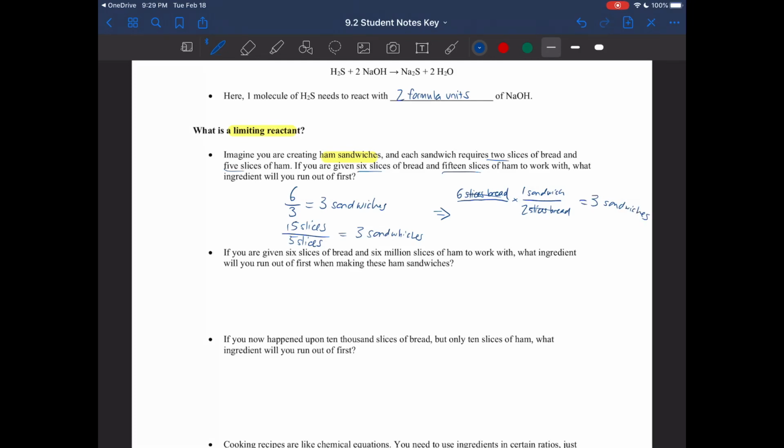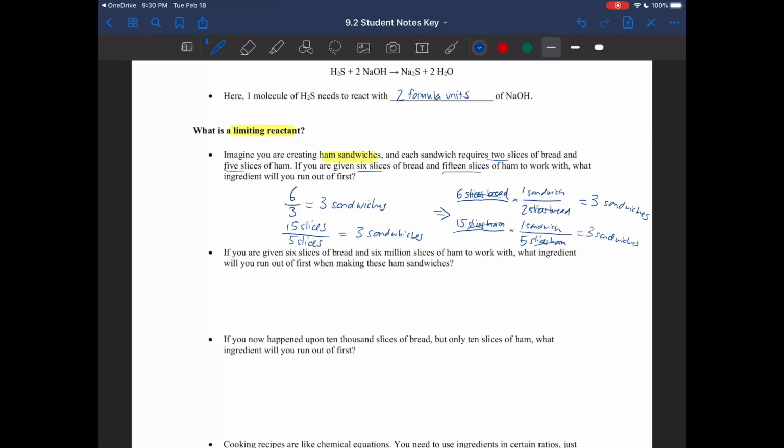Awesome. And then rewriting the slices of ham using dimensional analysis notation, if you have 15 slices of ham, then in one sandwich you need 5 slices of ham. Excuse my handwriting. 15 divided by 5 would be 3 total sandwiches that you can make. That cancels. 15 divided by 5 is 3.